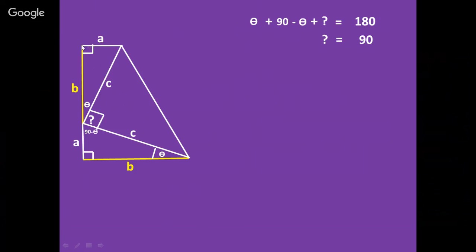So the area of this trapezoid must be equal to the sum of the areas of these three right triangles. So we can write area of trapezoid is equal to area of three right triangles.